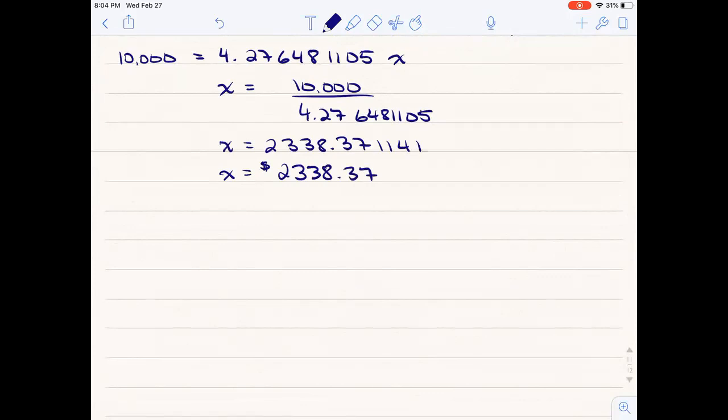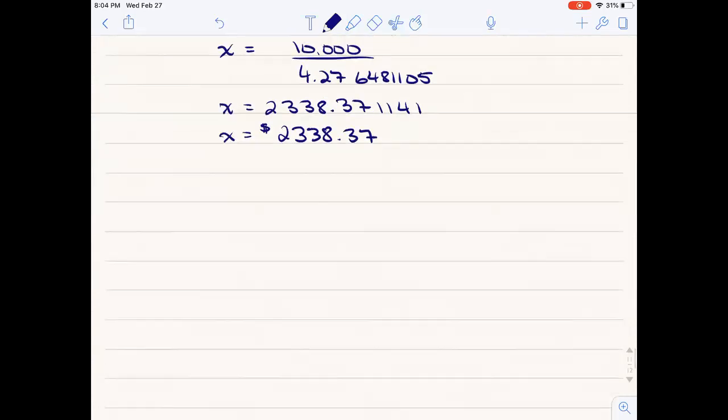So each payment today, a year from today, 2 years from today, and 3 years from today has to be $2,338.37 to total $10,000 in the end. Each payment must be $2,338.37.